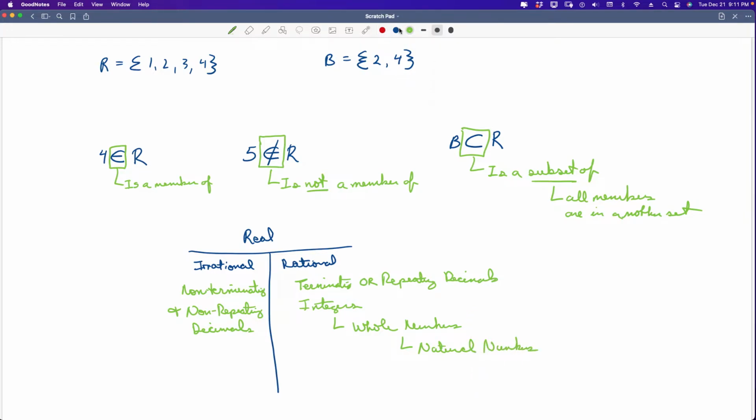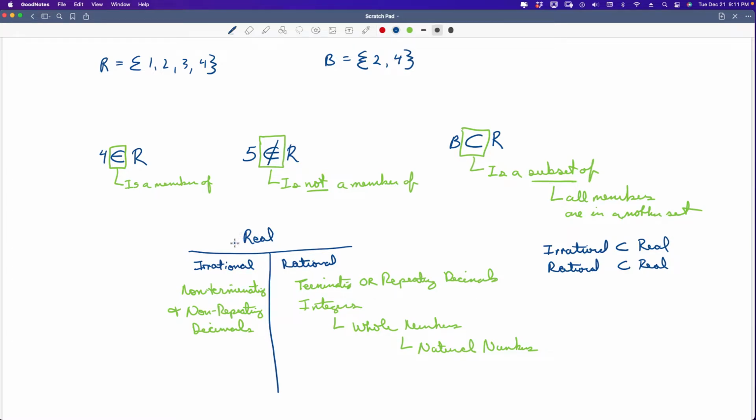So we could actually say that irrational numbers are a subset of the real number system. We could say that rational numbers are a subset of the real number system as well, because we have these two categories that fall under real.